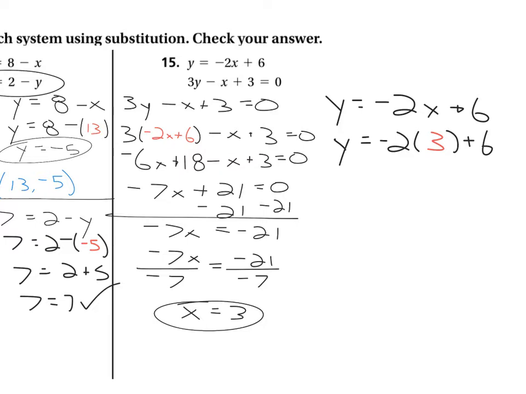And what do we find it to be? 3. Okay. So y equals negative 6 plus 6, or y equals 0. Nothing wrong with that. Y can be 0. So we have as a set of coordinates 3, 0.